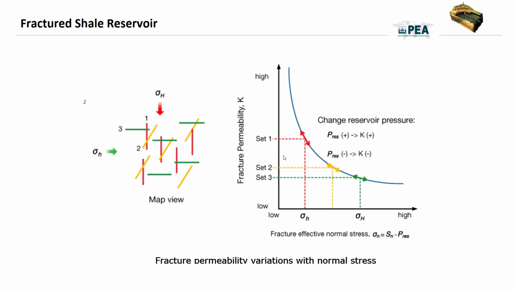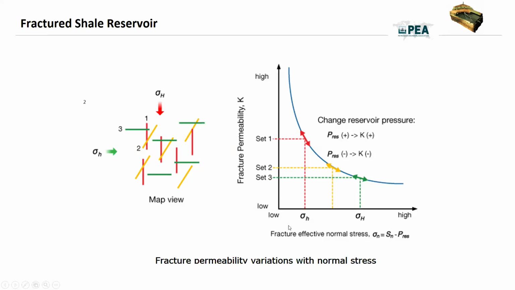So this uniform change in the reservoir pressure also changes the permeability of all these sets of fractures, but by a different amount for each set, depending on the initial stress state. So this change in the reservoir, as I have mentioned, will impact the permeability of our reservoir.